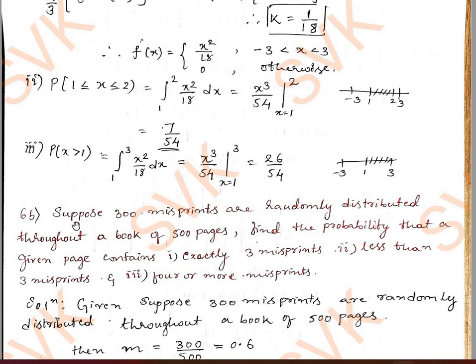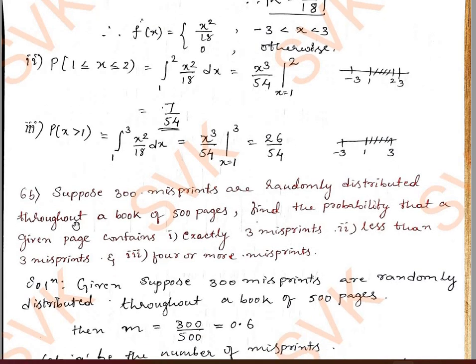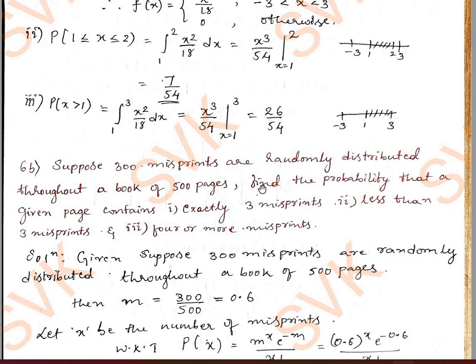So moving on to question number 6b. Suppose 300 misprints are randomly distributed throughout a book of 500 pages. Find the probability that a given page contains exactly 3 misprints, less than 3 misprints, 4 or more misprints.